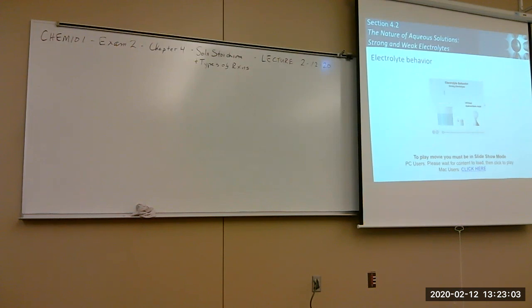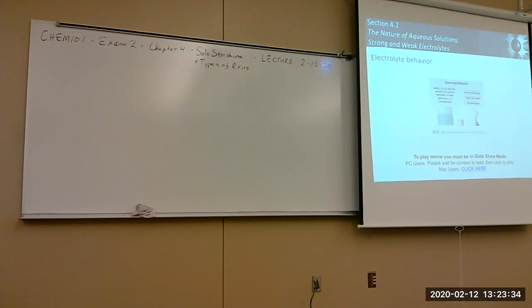Strong electrolytes dissociate completely to give ions in solution that conduct electrical current. Soluble salts, strong acids, and strong bases act as strong electrolytes in solution. Okay. Weak electrolytes dissociate to a small extent to give only a few ions in solution available to conduct electrical current. Weak acids and bases are the most common weak electrolytes.